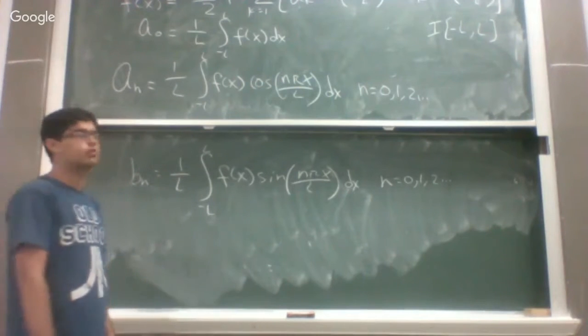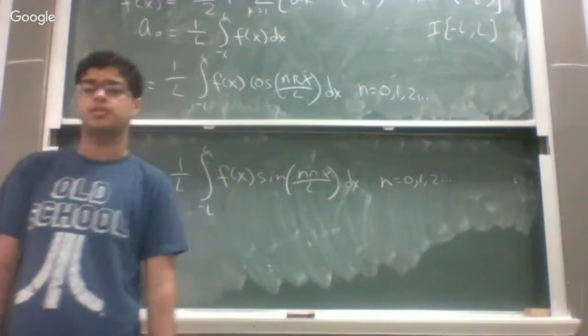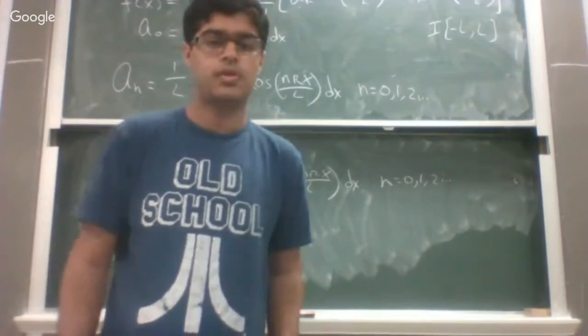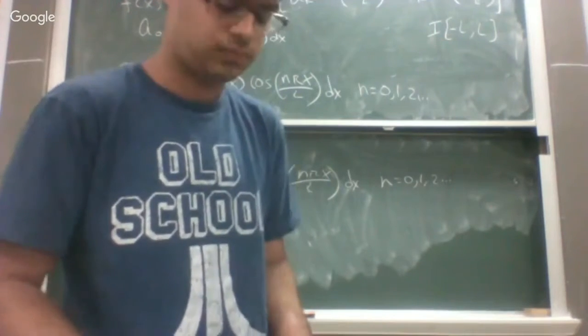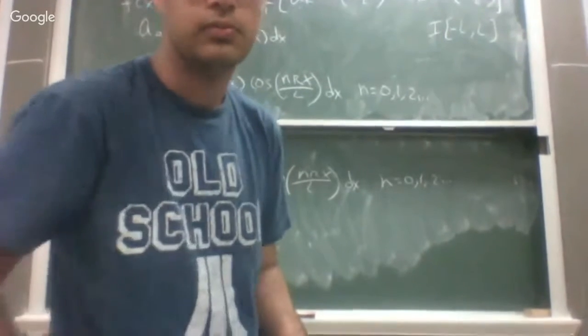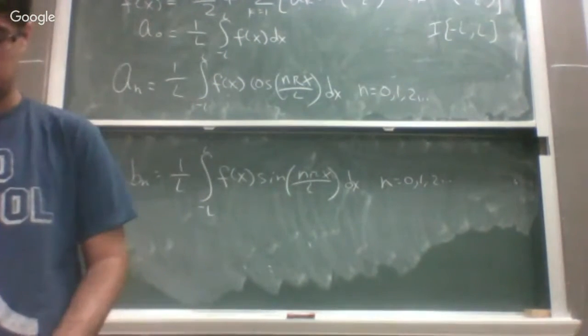Okay? So if you know that you have an even function, such as cosine, I think cosine is one of them. Is cosine an even function? I think it is, right? Cosine of negative x is cosine. Yeah.